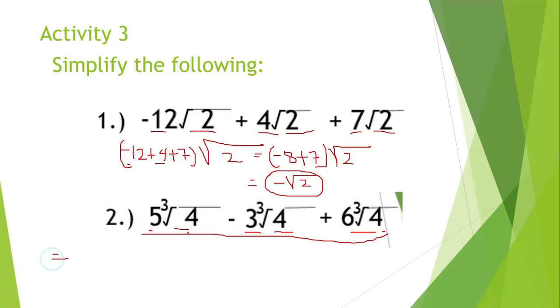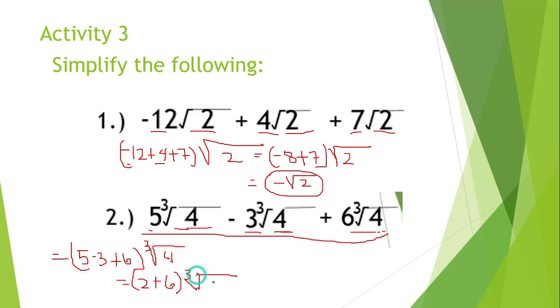Next thing we have to do, since the radicands are the same, we just have to subtract 5 minus 3 plus 6 times the cube root of 4. 5 minus 3 is equal to 2, plus 6 times the cube root of 4. Next is 2 plus 6 equals 8 times the cube root of 4. This one is the answer.